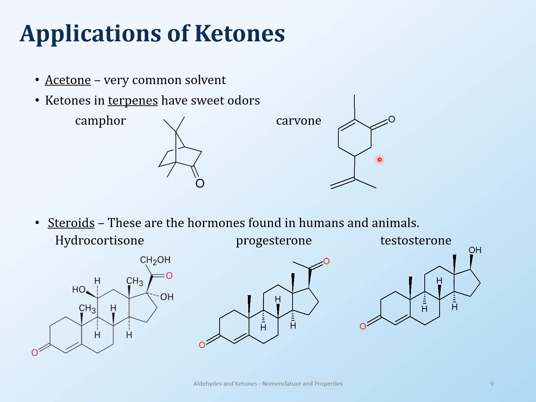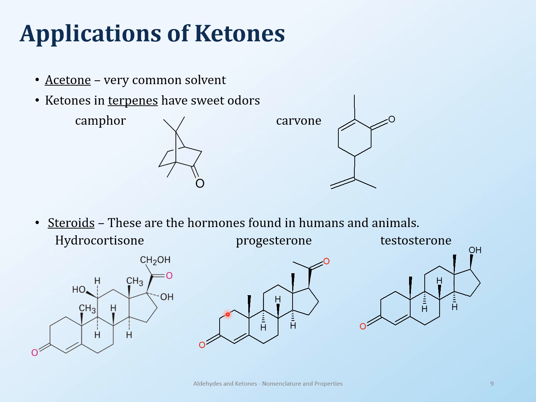So 2 isoprene groups make 1 terpene, but it's a very special class of compounds. And there are 2 terpenes that I've given to you over here, which are very wonderful smelling, camphor and carvone.